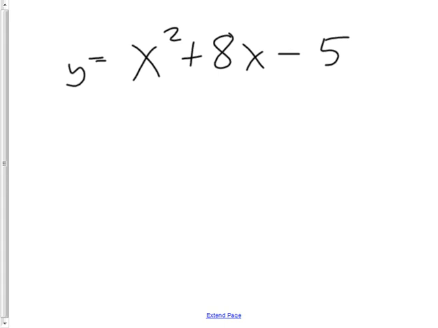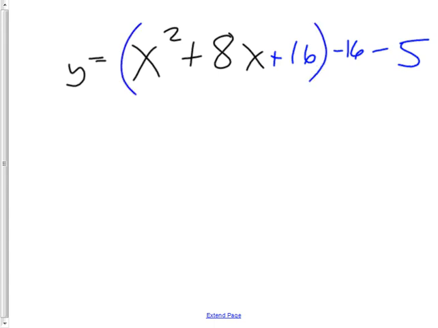You remember this process where I move the minus 5 over, and then I take half and square? What's half the 8? Yes, half and square. So half of 8 is 4, and then I go 4 squared is 16, and if I do a plus 16, I've got to do minus 16. Remember this? And then this part right here gives me the perfect square part, and that's x plus 4 and x plus 4.